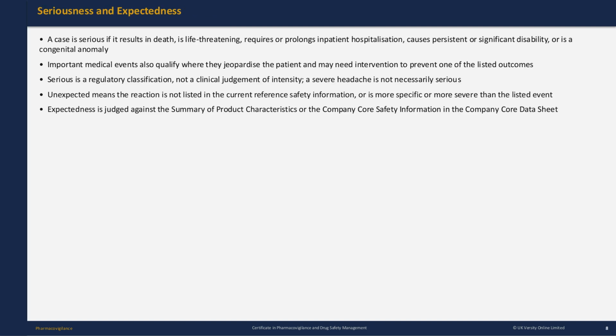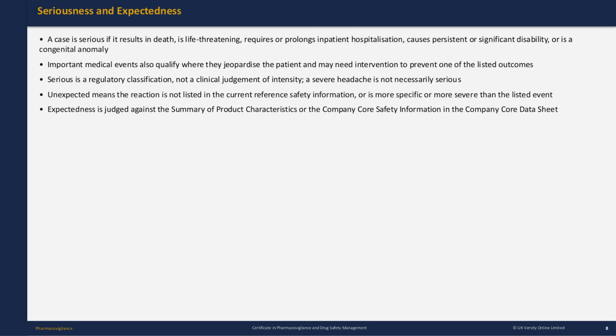Seriousness and expectedness. A case is serious if it results in death, is life-threatening, requires or prolongs inpatient hospitalization, causes persistent or significant disability, or is a congenital anomaly. Important medical events also qualify where they jeopardize the patient and may need intervention to prevent one of the listed outcomes.